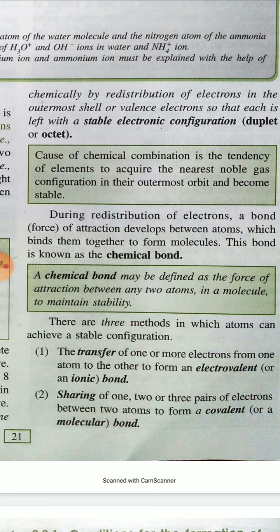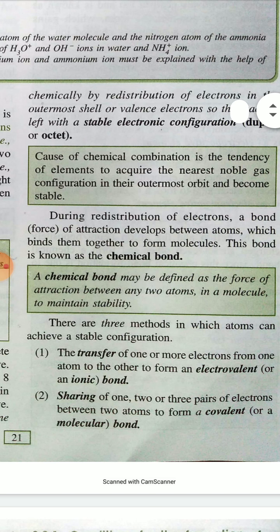And how do they become stable? By redistribution of electrons, that is by gaining or releasing electrons from their valence shell, to get the electronic configuration of noble gases.